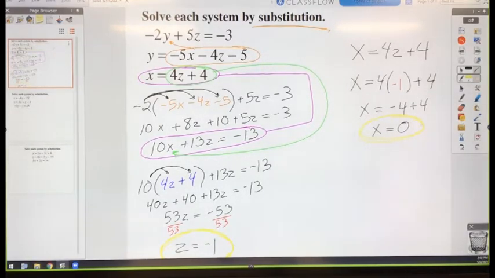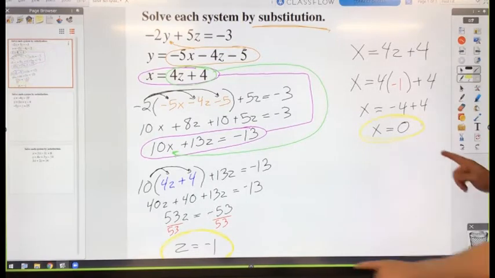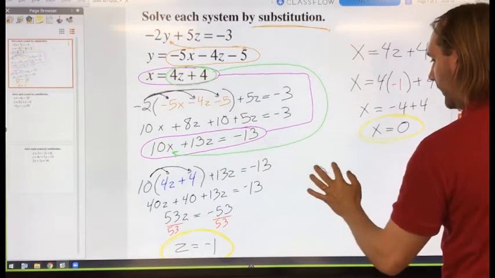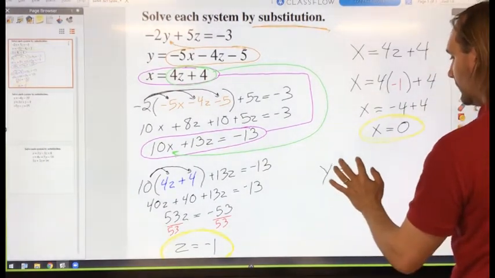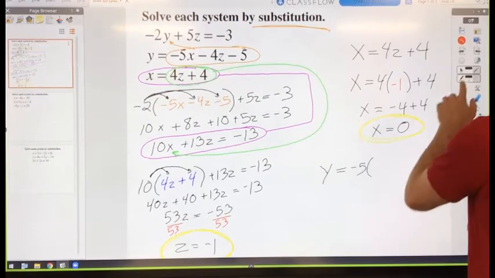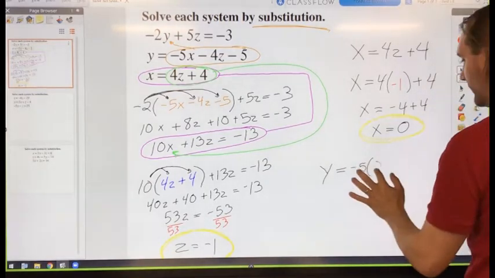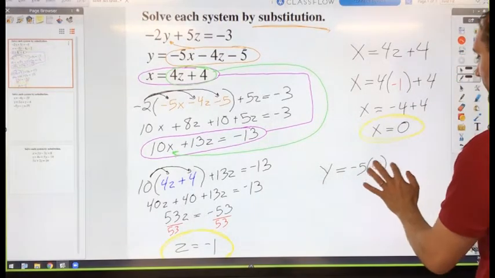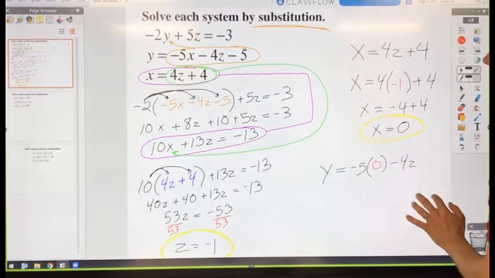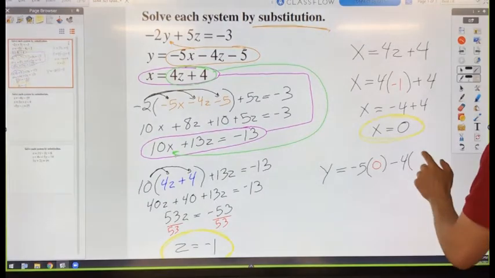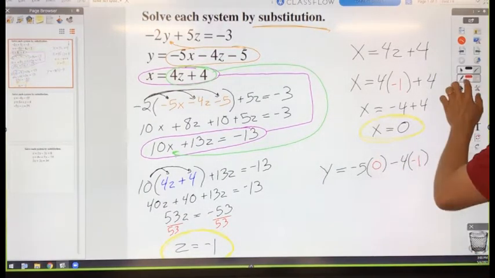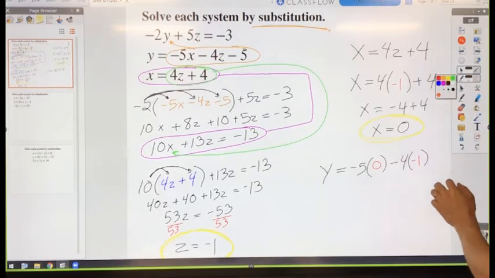How is this going to help me solve for y? Plug both of them in. Yeah, plug both of them in to this one. So I have y equals negative 5 times x, which I know to be 0 now, minus 4z, I know what z is, so minus 4 times negative 1, and minus 5.